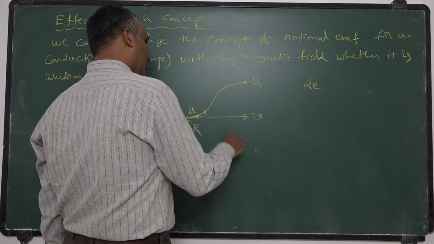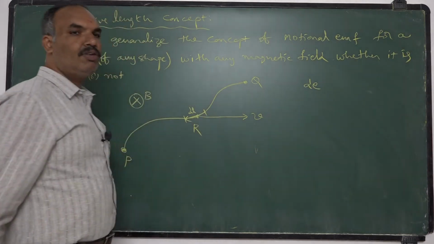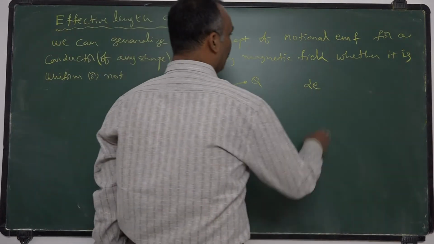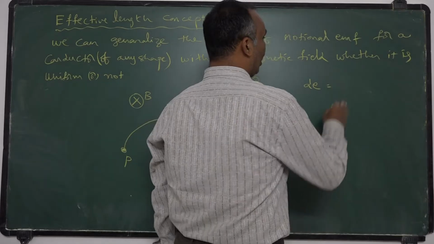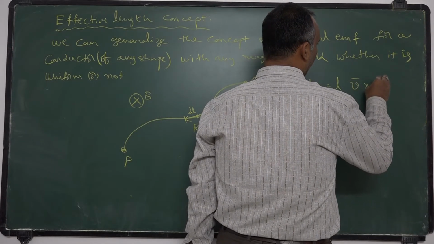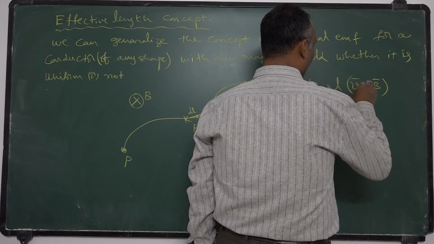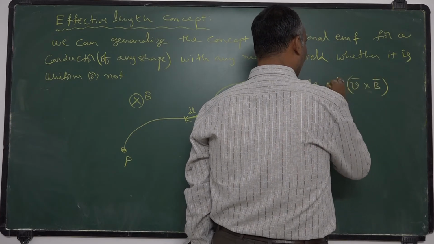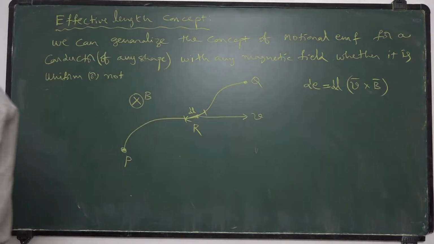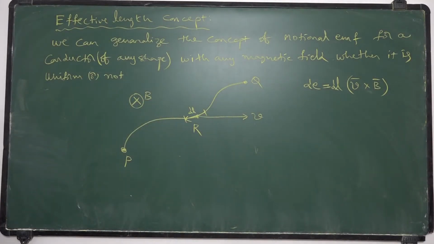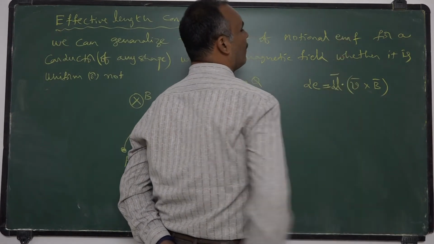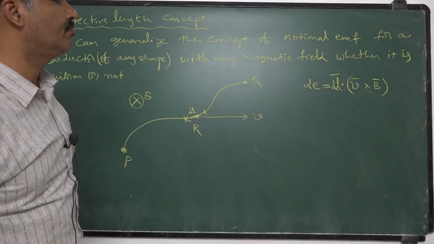Generally, we consider the velocity perpendicular to the length of the element. As the length of the element is dl here, dl into V bar cross B bar will give the EMF. Strictly speaking, it is a box product, dl bar dot V bar cross B bar.